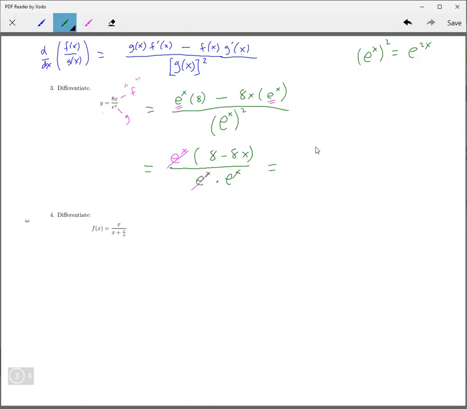And I have 8 minus 8x over e to the x. This could also be written as, you can bring the e to the x to the numerator and make that an e to the negative x if you wanted. You could probably factor an 8 out as well and do it like that. That would probably also work.